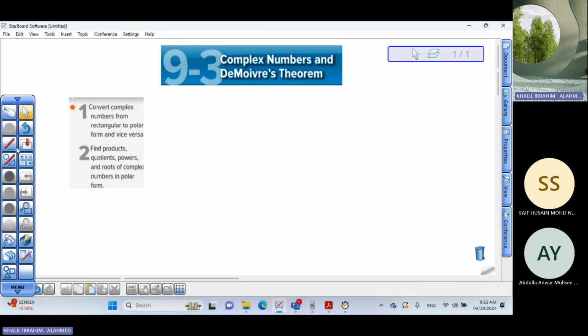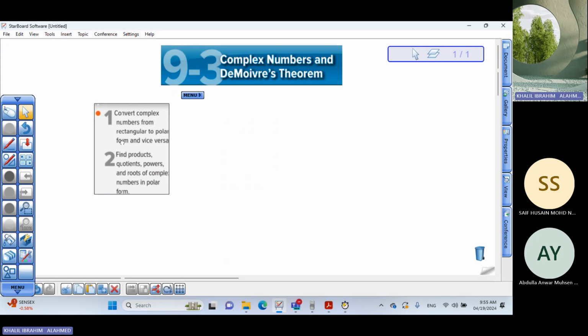The outcomes for the lesson today: convert complex numbers from rectangular to polar form and vice versa. Find the products, quotients, powers, and roots of complex numbers in polar form.